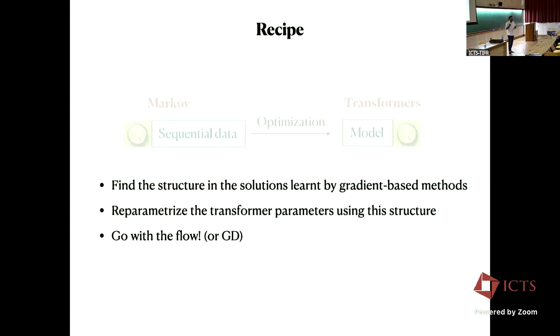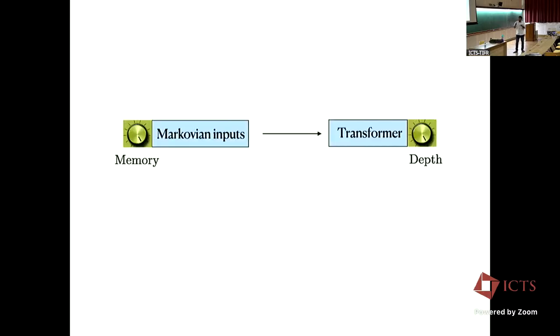You parameterize your solutions using these special structures so that there is both tractability and meaningful insights. We do this for both gradient flow and gradient descent, depending on the circumstance. That's the overall recipe. With regard to the outline, even inside Markov, Markovian processes have an intrinsic order, or memory.